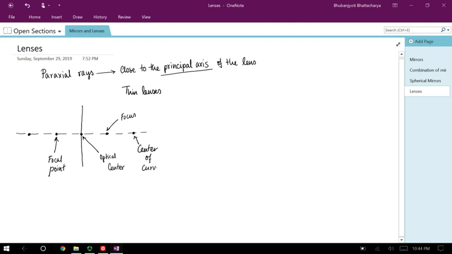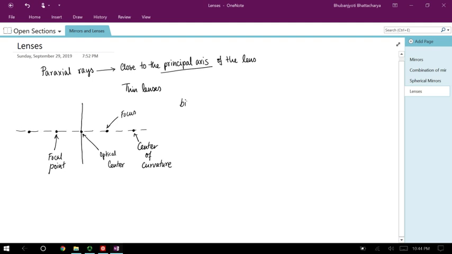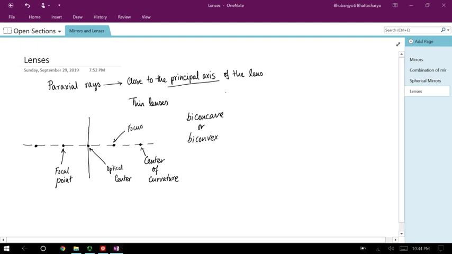Okay, so essentially we are dealing with objects that are either biconcave or biconvex. If I were to try to draw this straight line into an actual lens, then the biconcave lens would look something like this, concave on both sides.